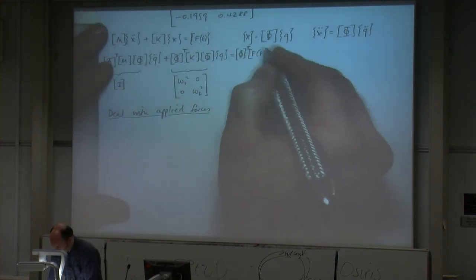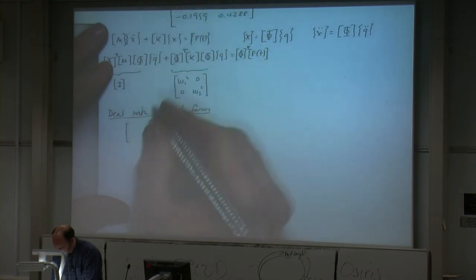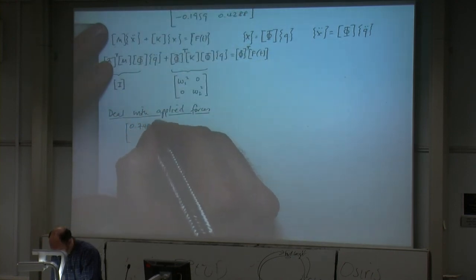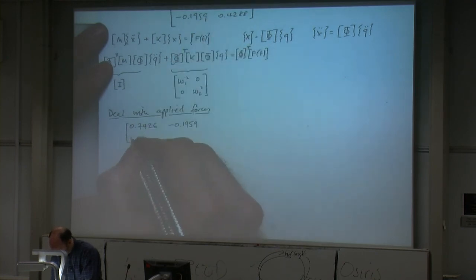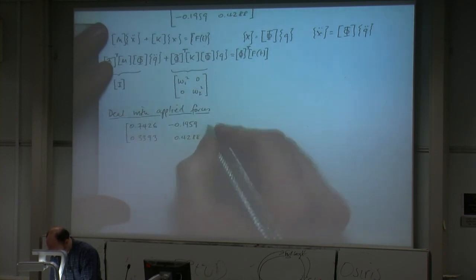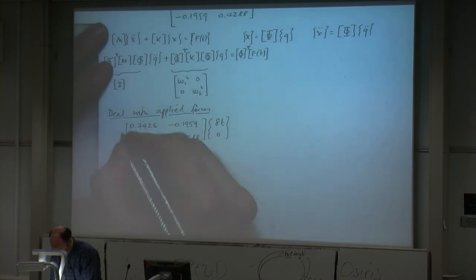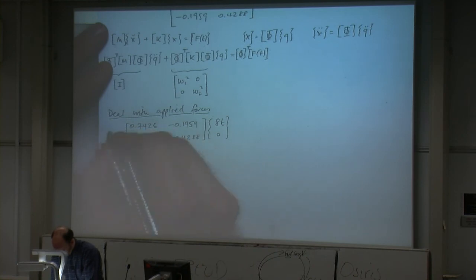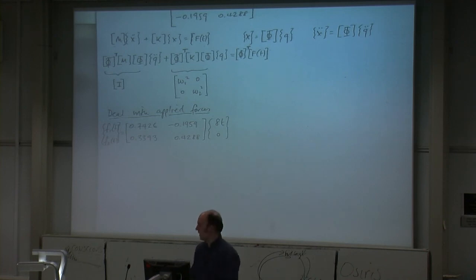So to deal with the applied forces, we take this term and we work it out. We take the transpose of phi, so I've called them F1 and F2, but little f1 and little f2.